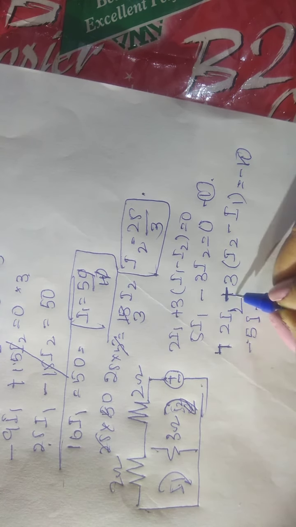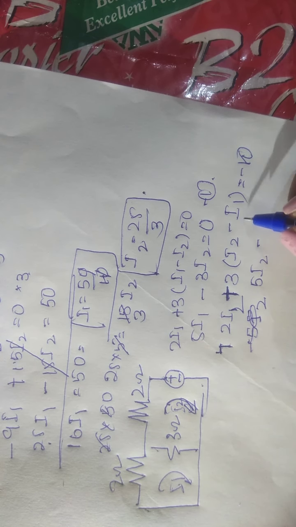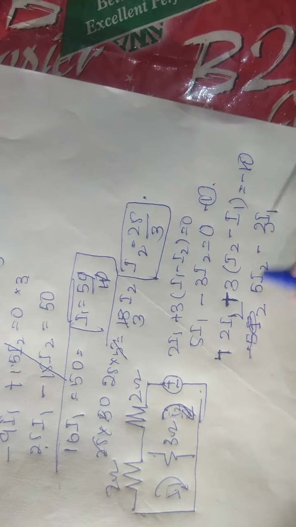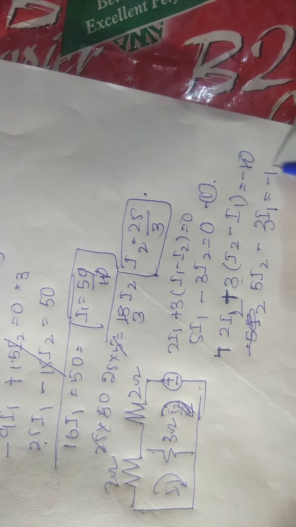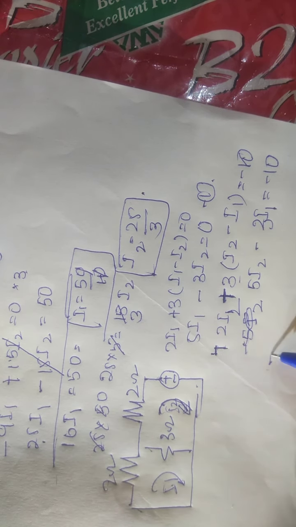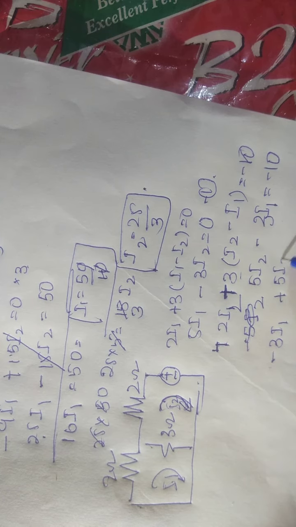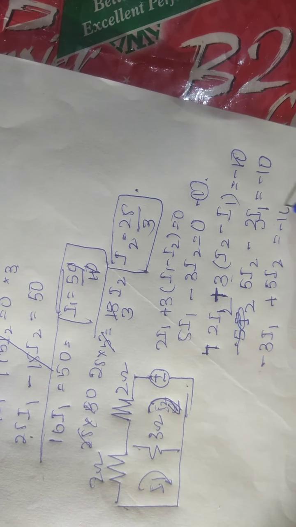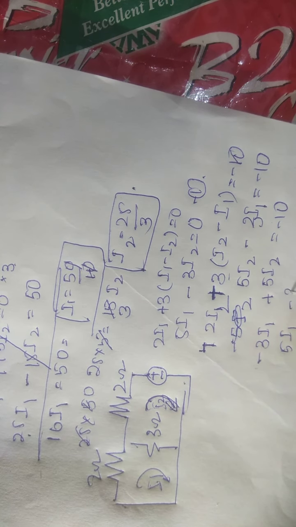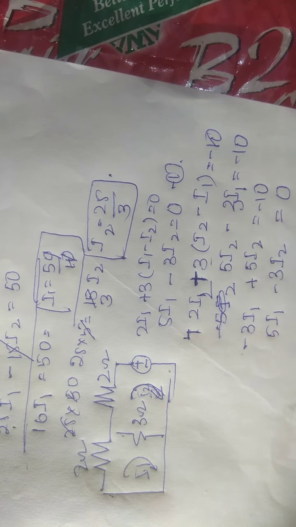This one is a plus and this one is a plus. 5I2 minus 3I1 equals minus 10. Correct? Minus 3I1 plus 5I2 equals minus 10. 5I1 minus 3I2 equals 0.